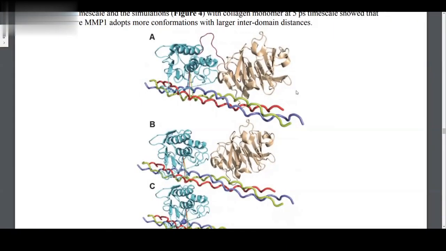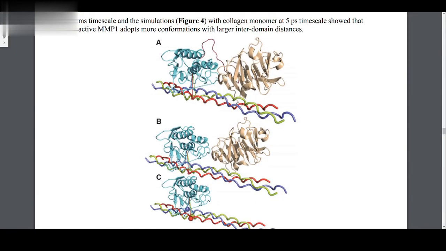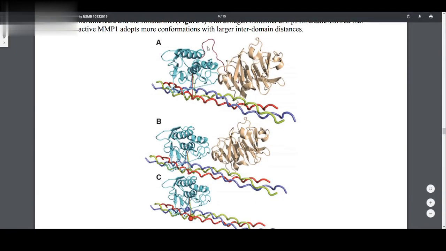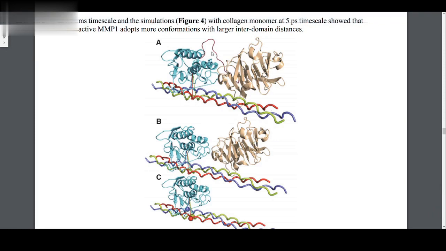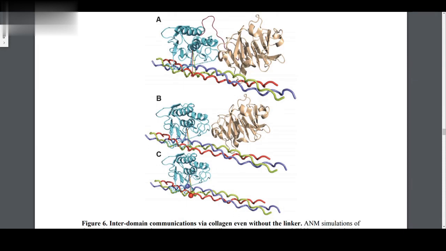So you can see these are the two domains of matrix metalloprotease, and they are sitting on a triple helical collagen. And we have shown in this particular paper that communication between these two domains actually modulates the activity. The activity of this enzyme is to cleave this collagen substrate.